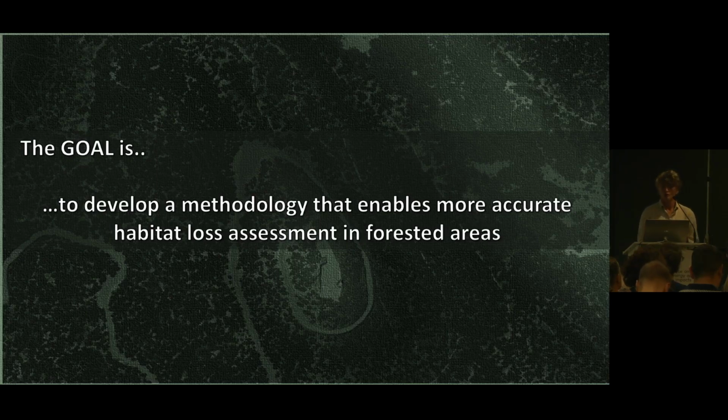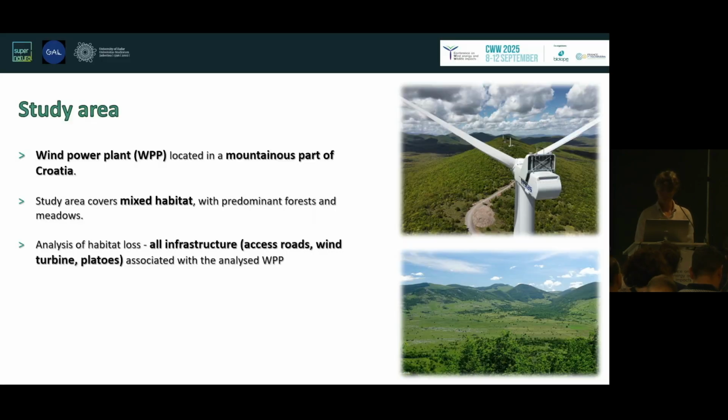So the goal was to find a methodology for how to do that. I know there's a three-dimensional impact, but how can I assess it? We chose a wind power plant in Croatia, in a mountainous area, which was a bit of my biggest problem because it was the first wind farm in Croatia built in forests.